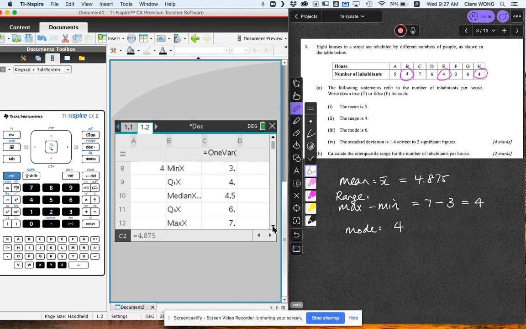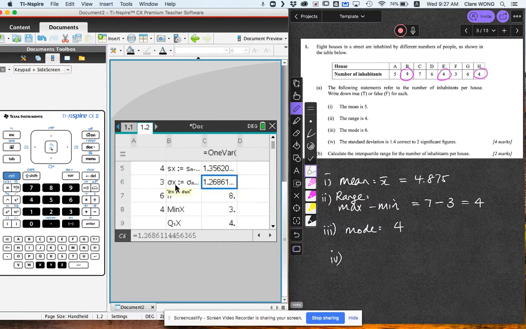So that's number 1, number 2, number 3, number 4. The standard deviation 1.4. Standard deviation is this one, sigma x. So sigma x is equal to 1.286. Now, here is when you determine whether they're true or false.